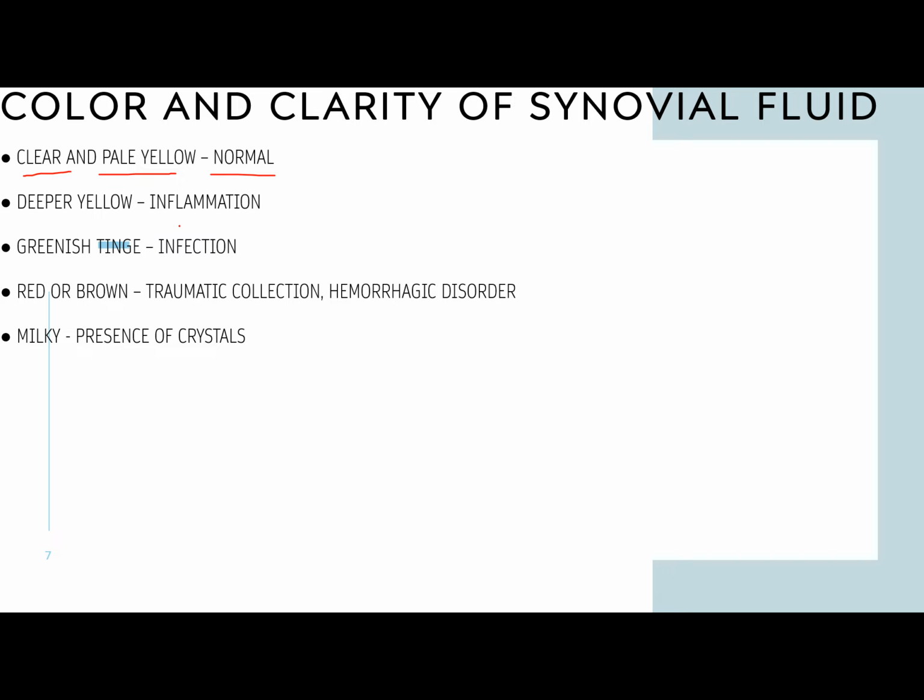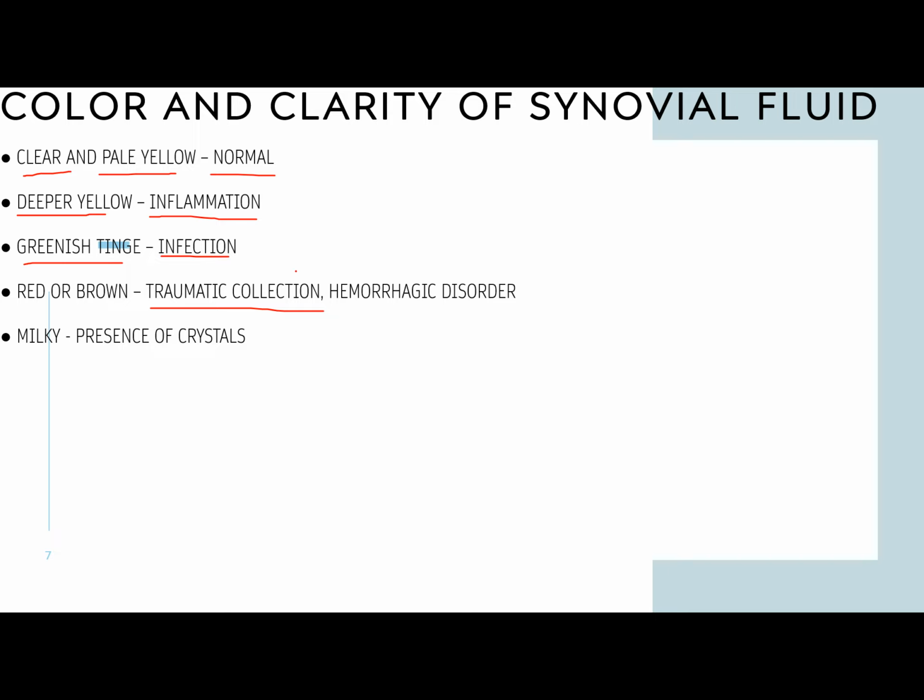Now, if there are certain disorders, for example, inflammation. In inflammation, class, your synovial fluid would appear deeper yellow. If there's an infection, it would appear to have a greenish tinge. Then, if the doctor accidentally caused a traumatic collection, when you say traumatic collection, just a recap, sa CSF nyo and yung mga serous fluid nyo.